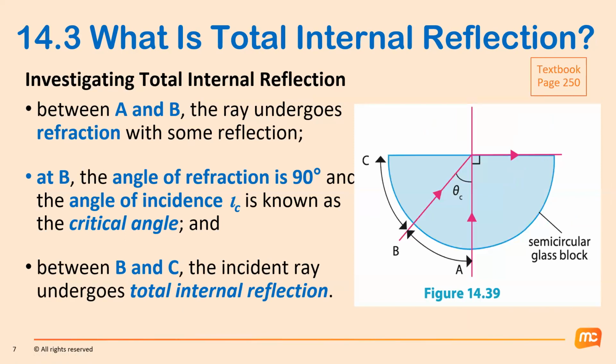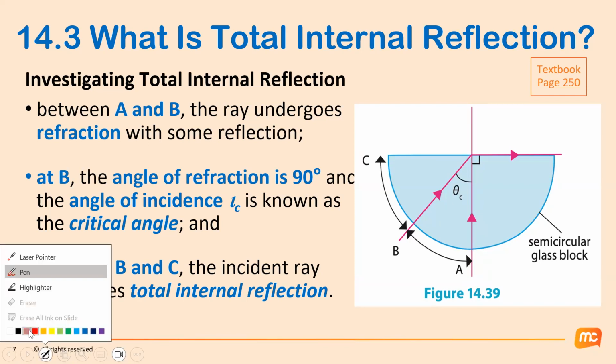In general, if I shine through this red line, A, the light ray will just pass through straight without any refraction. At any angle between A to B, where B is the critical angle, as I increase, what is going to happen? Let me just draw in brown.